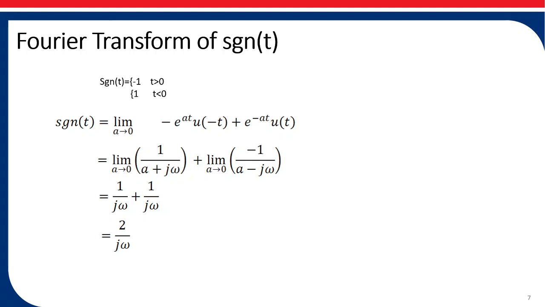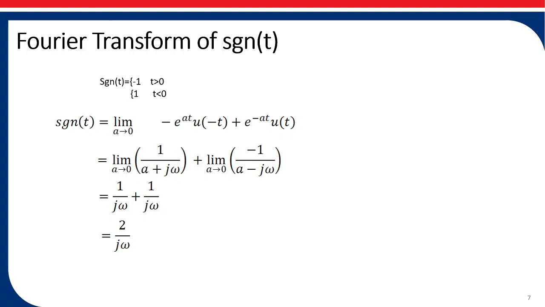Signum function is defined as having value -1 for t less than 0, whereas it will have +1 value for t greater than 0. So signum function can be expressed in terms of exponential functions, where we know the Fourier transform of the exponential function e raised to minus at u of t is 1 upon a plus j omega, whereas the Fourier transform of e raised to at u of minus t will come out to be 1 upon a minus j omega.